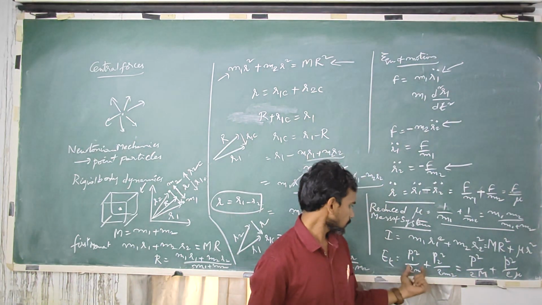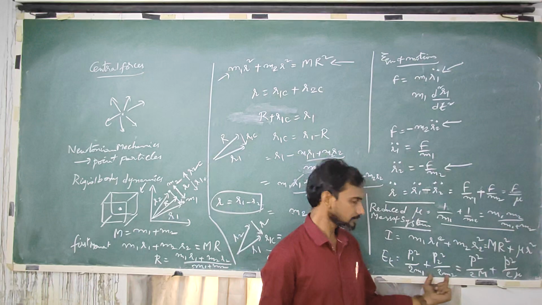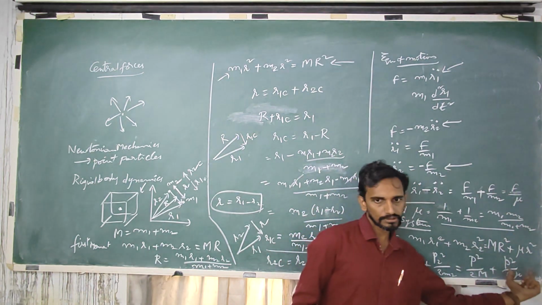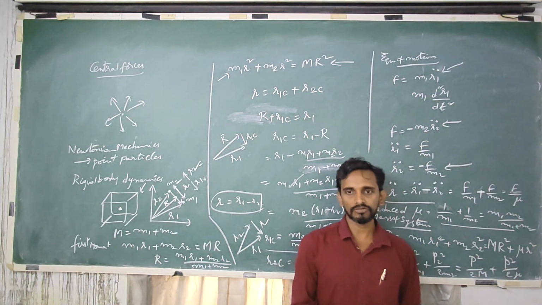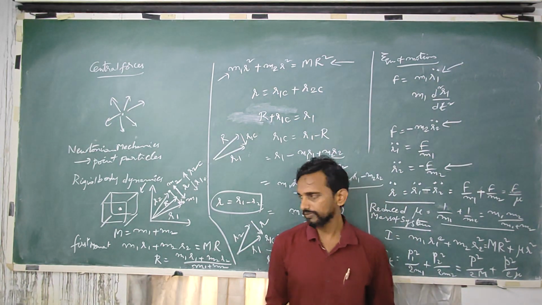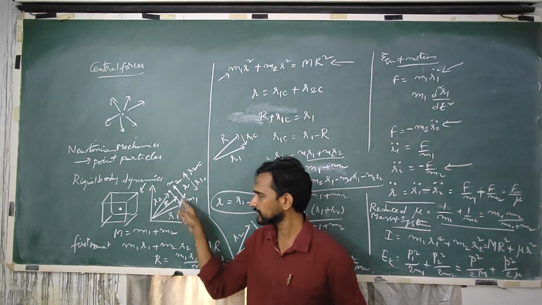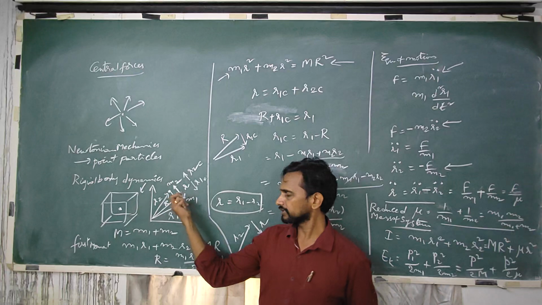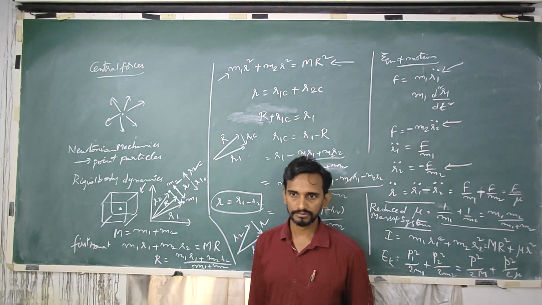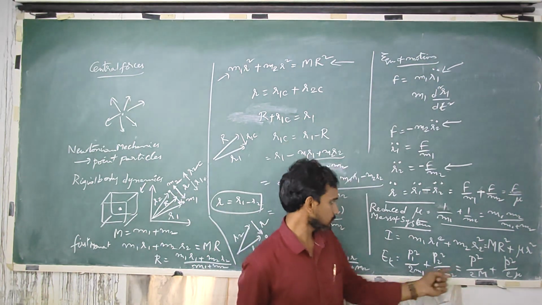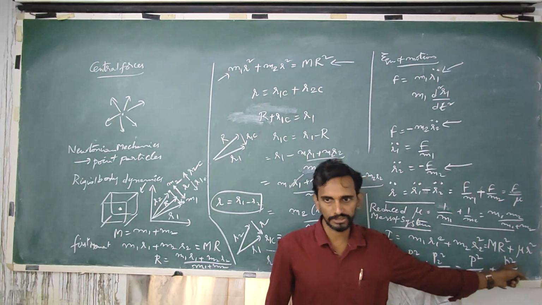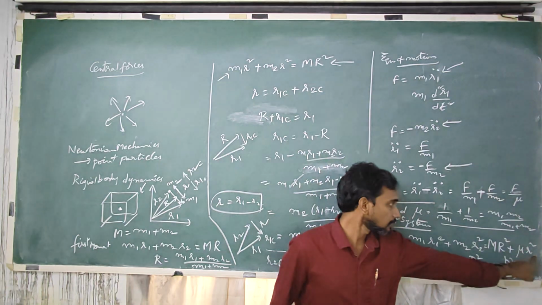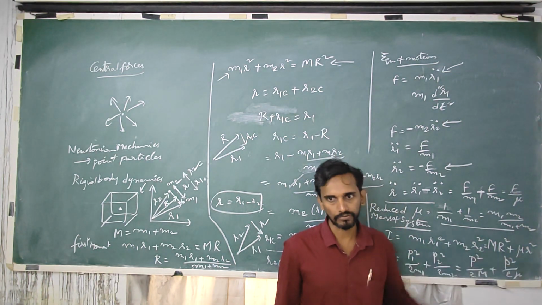In the same way, the kinetic energy of individual particles will be equal to the kinetic energy of the center of mass plus the kinetic energy of the rest of the object with respect to the center of mass. If there is any motion with respect to the center of mass, that will be considered. If it is a strictly rigid body, there won't be any motion. Kinetic energy with respect to the center of mass may be 0 for a perfect rigid body, whereas the moment of inertia with respect to the center of mass has a valid value.